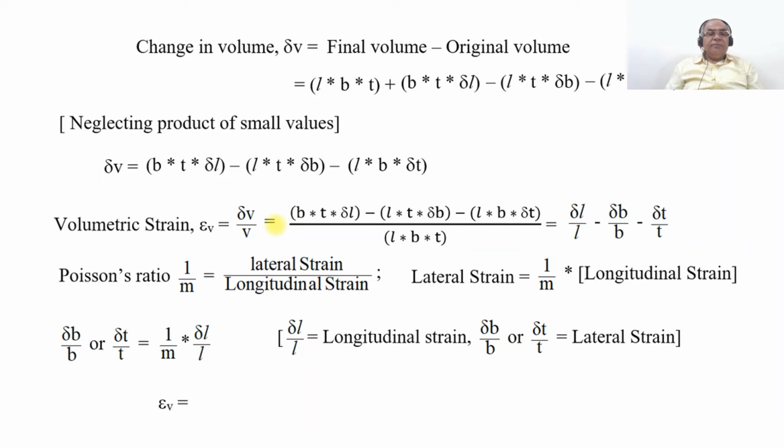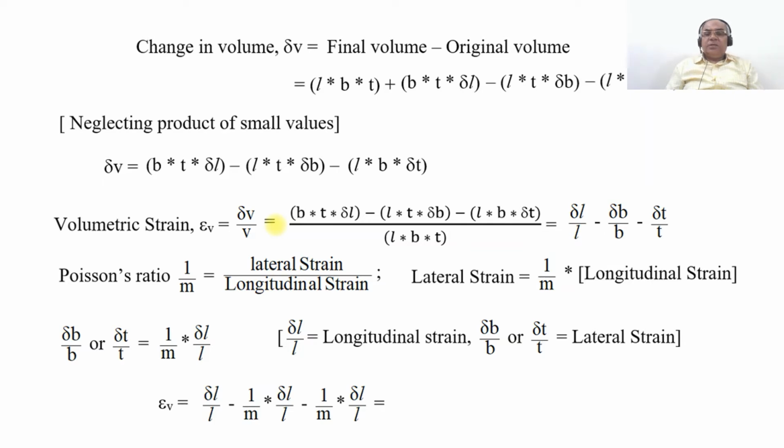Therefore, epsilon V will be equal to delta L by L minus 1 by m into delta L by L minus 1 by m into delta L by L. So that is what is epsilon V.